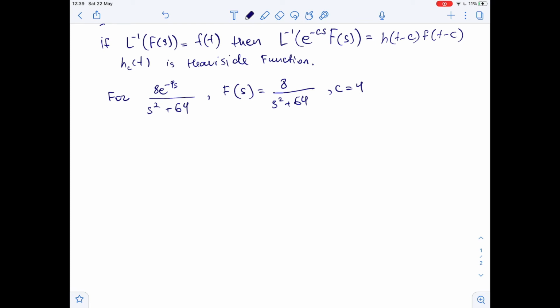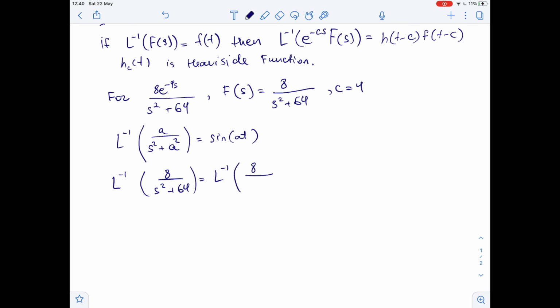Let's write it down: the inverse Laplace transform of a over s squared plus a squared is equal to sine of a times t. So the inverse Laplace transform of 8 over s squared plus 64 is equal to the inverse Laplace transform of 8 over s squared plus 8 squared, and this is equal to sine of 8t.